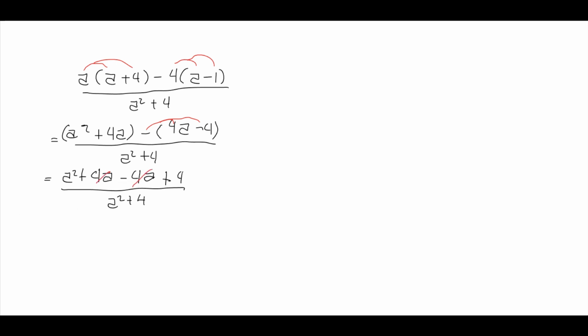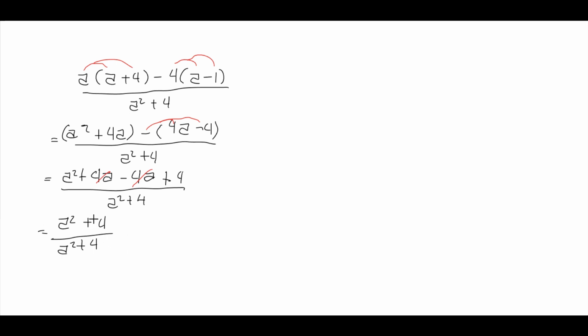So we can rewrite the expression now as a squared plus 4, and copy again the denominator, a squared plus 4. Now, as you can see, the numerator and denominator are the same. So we can just directly cancel out this term.